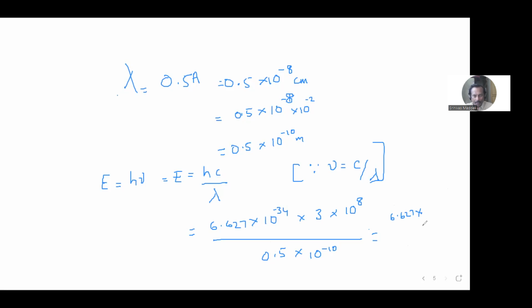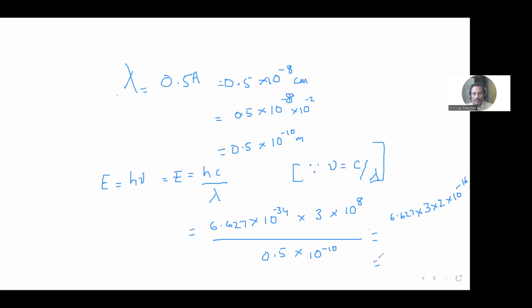Then you have 10 to the power of minus 34, 10 to the power of 8, and 10 to the power of 10. Minus 34 and 18, that will become how much? Minus 16. So I can write here 10 to the power of minus 16.